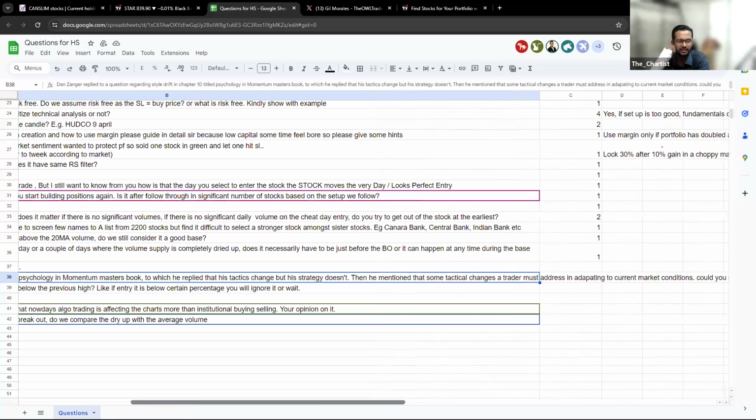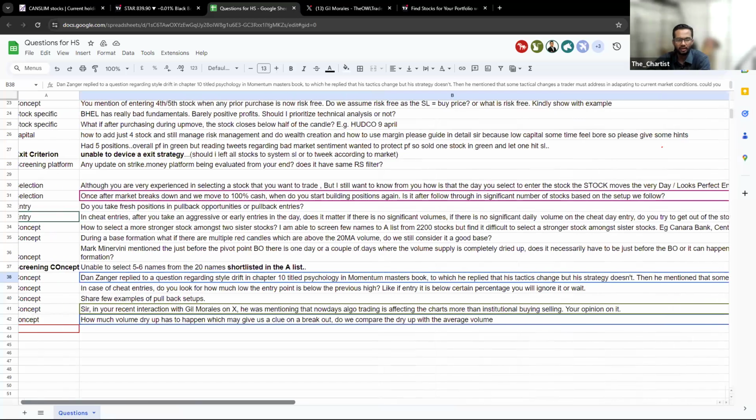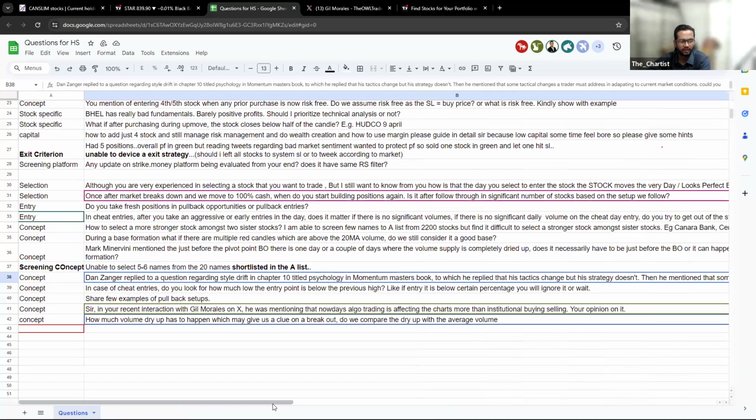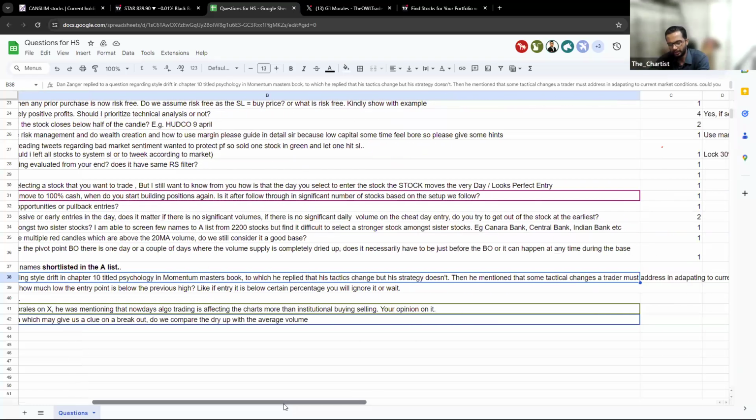I am no one to confirm or argue against that statement, but as far as I have read about him, his strategy is the same. He looks for four things: price, volume, EPS, and chart pattern. So his strategy doesn't change. Tactic maybe that he might be entering at a line breakout or maybe at a sloping line breakout.